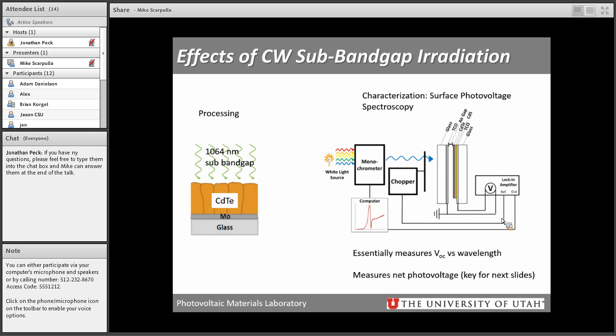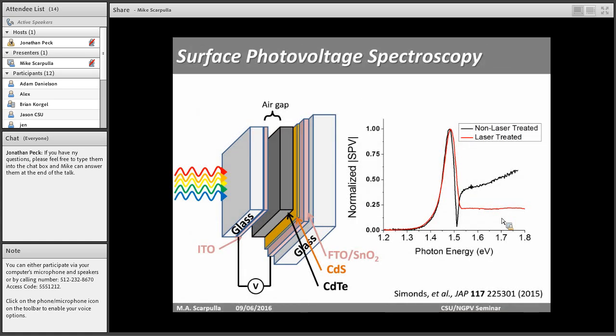We bring that separate piece of glass into very close proximity to the sample surface, and that capacitive coupling lets us read out the photovoltage developed by the sample. So it's a neat technique that can give you some information about your sample even before you've put on that back contact.